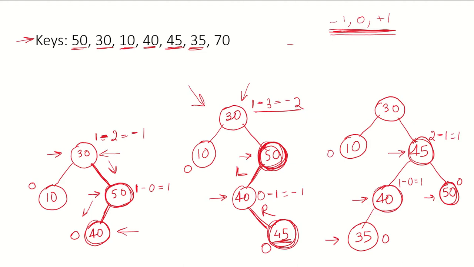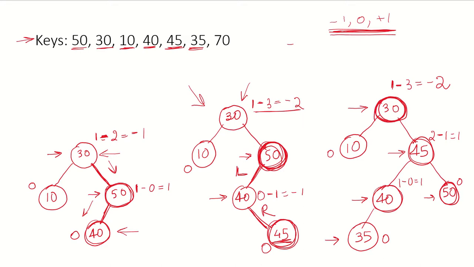For this node it is 0 and for this node it is height of left subtree, which is 1, minus height of right subtree, which is length to the deepest leaf, which is 3. This becomes minus 2.